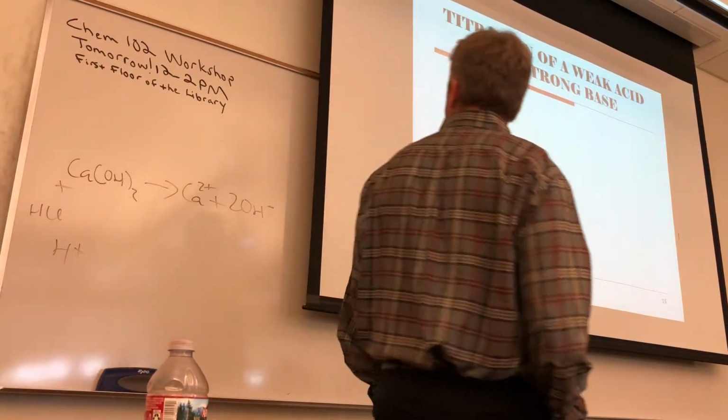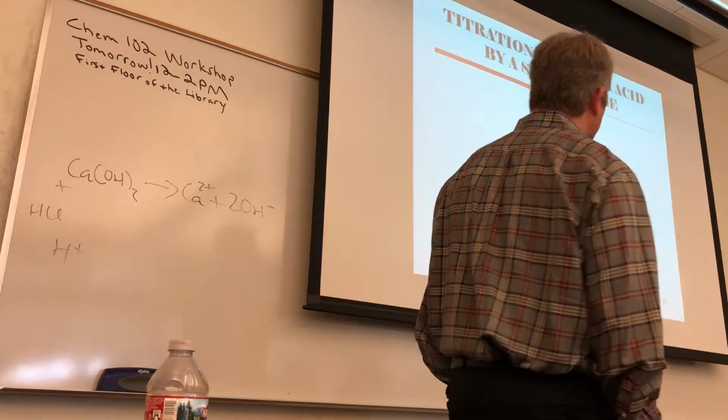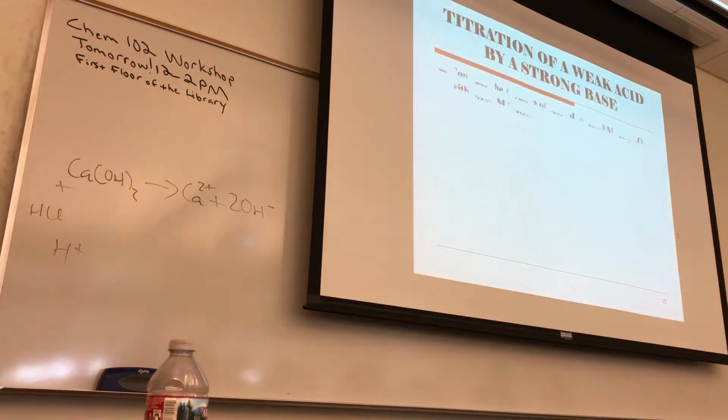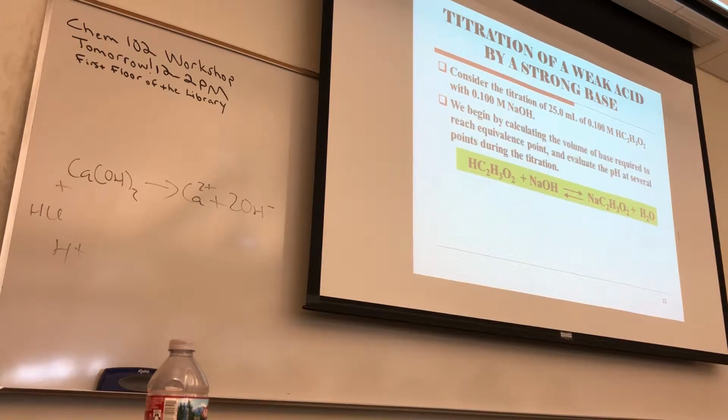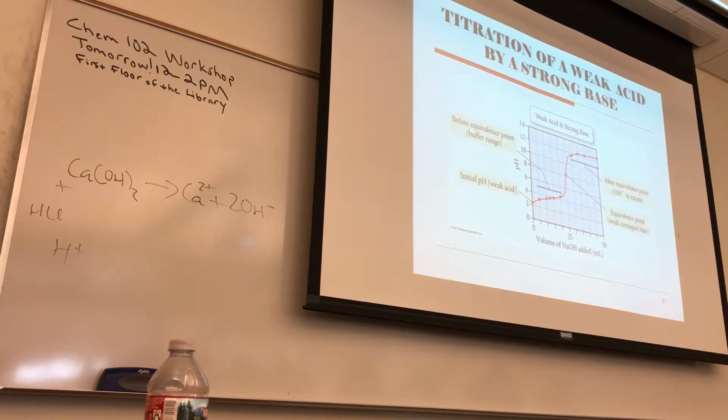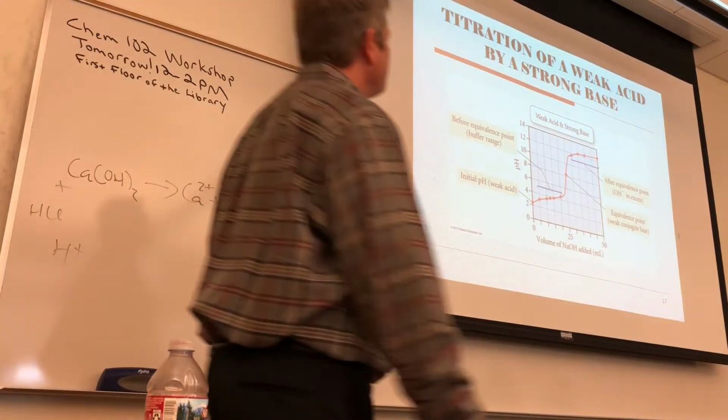So we've now spent plenty of time on what we already know. Now we're going to look at a weak acid and a strong base. Okay? So here, let's look at the curve.